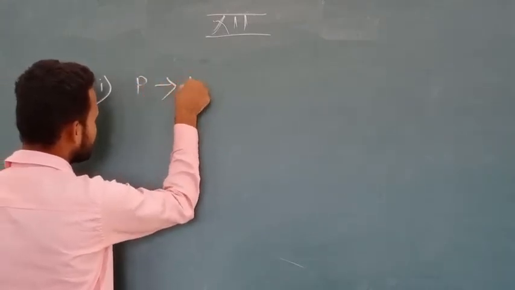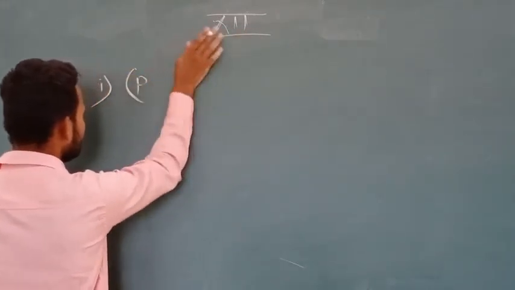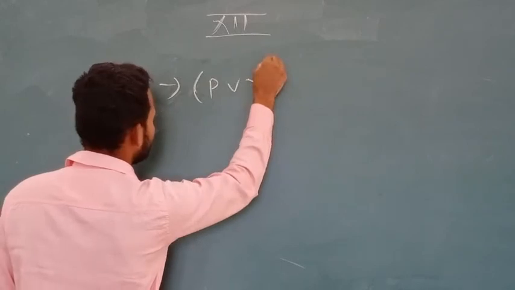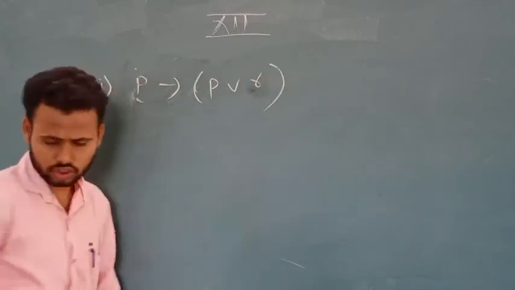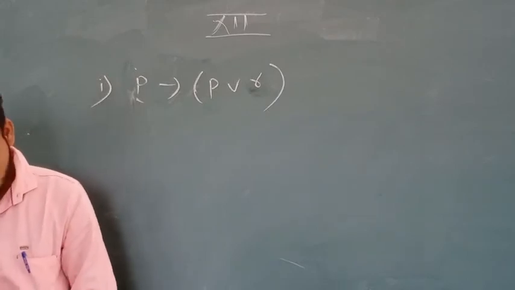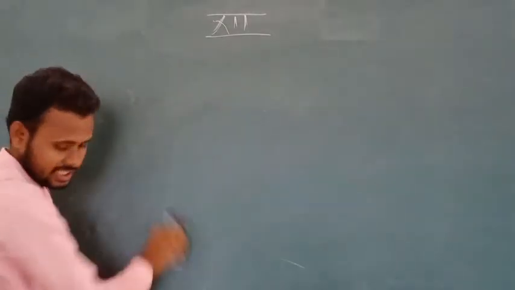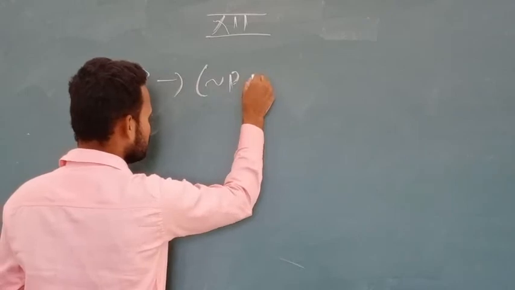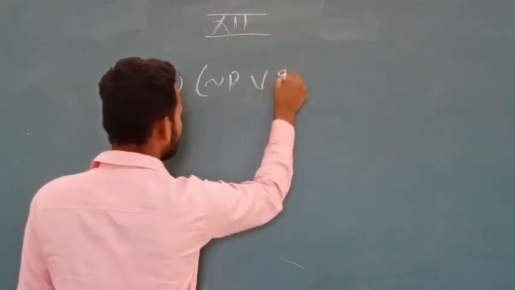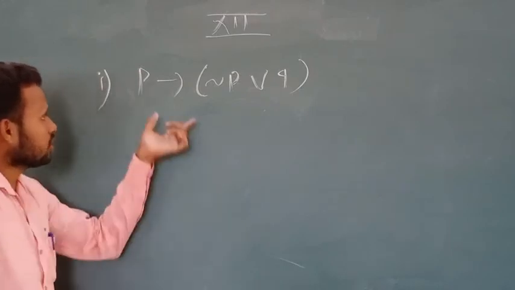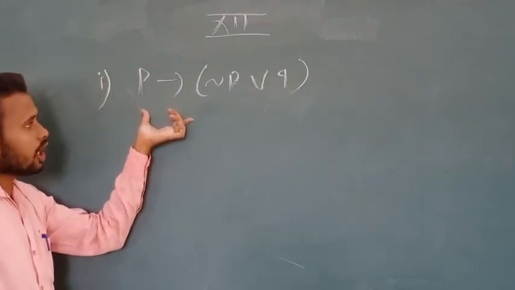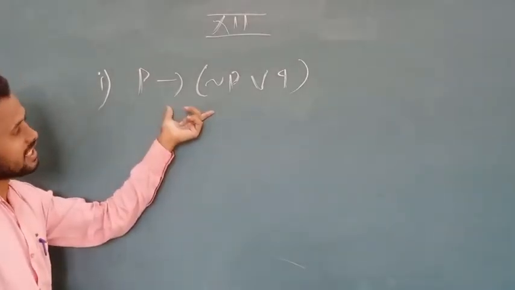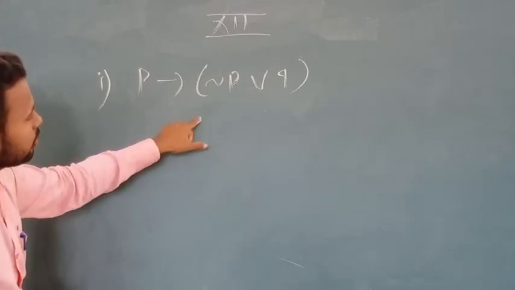P implies, in brackets, negation of P join with Q. This represents a statement pattern and we have to find the truth table of that statement pattern.